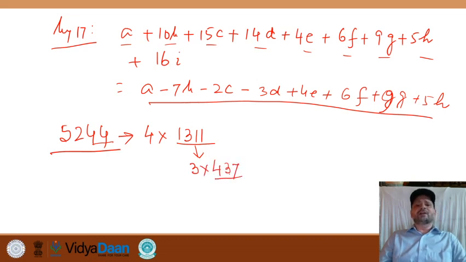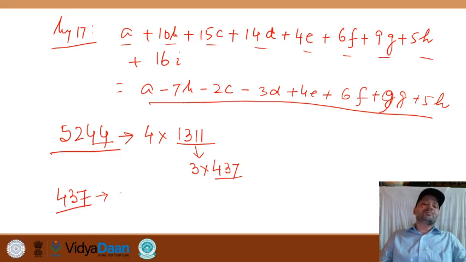Now you have to check what 437 will be divisible by. If you know the tables of these numbers, then you can check whether 437 is divisible by any number or not. Another concept is that to check whether 437 is divisible by any prime number, you have to go and see the prime numbers up to its square root.